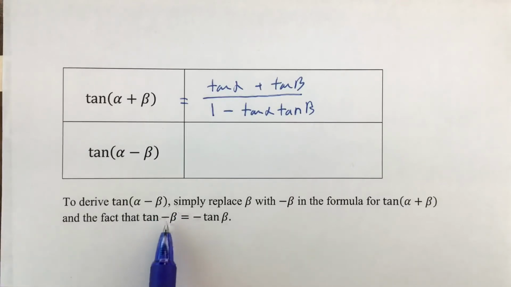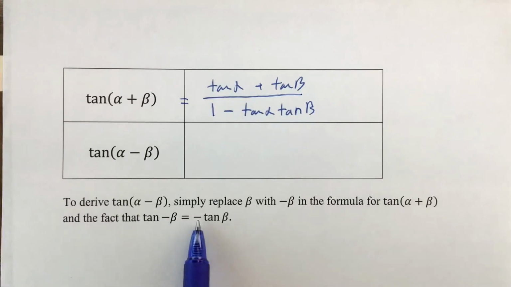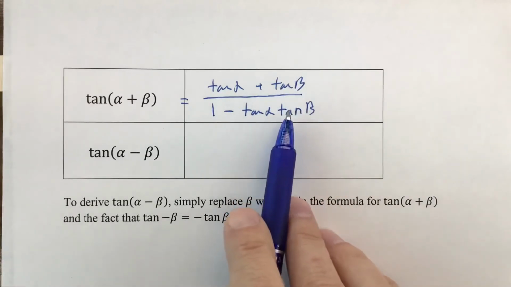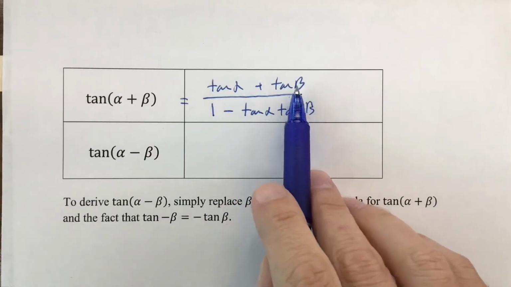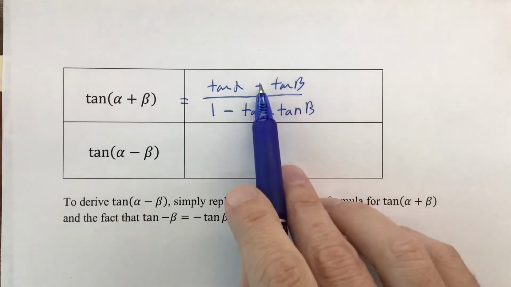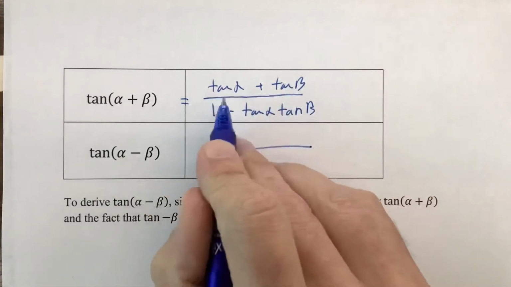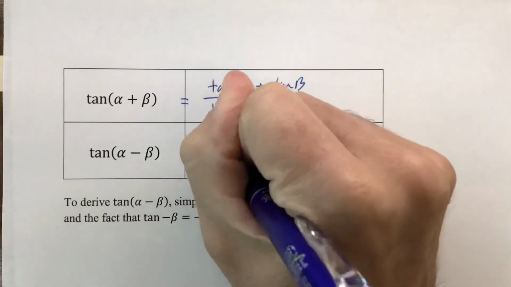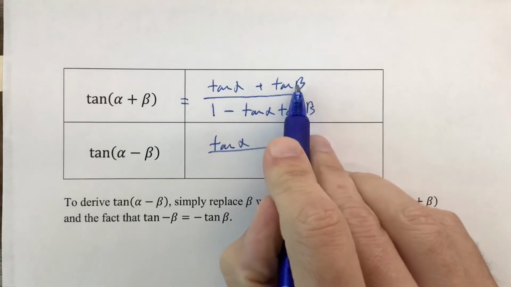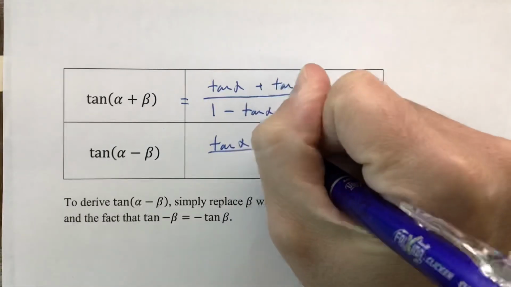If you have a negative angle in here, you can actually just put a negative in front and then let that be a positive inside. Okay, so if we take a look at this, and imagine that everywhere we had a beta, we actually had a negative beta, we can move that negative sign out front. Okay, so that has nothing to do with tangent alpha. We'll leave that alone. But here, if that were a negative beta, that negative can move out and give us subtraction.